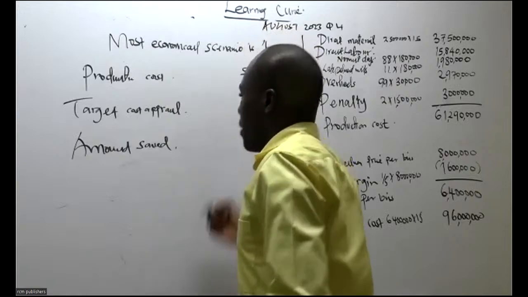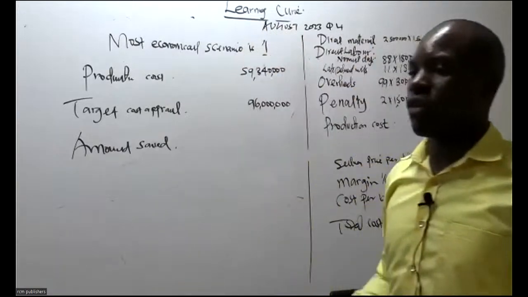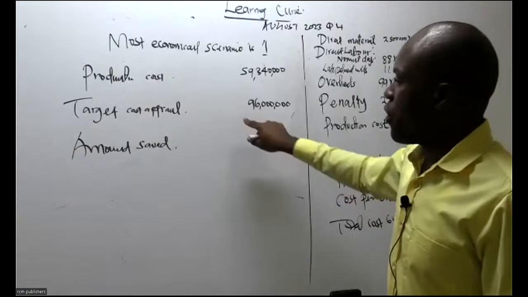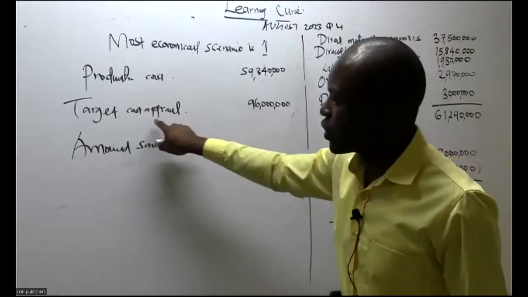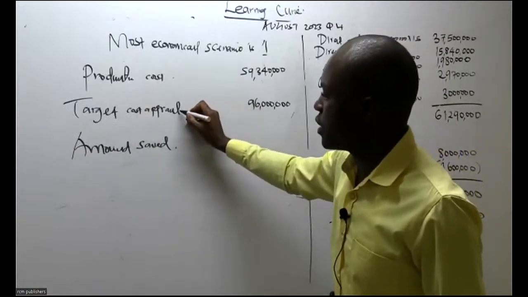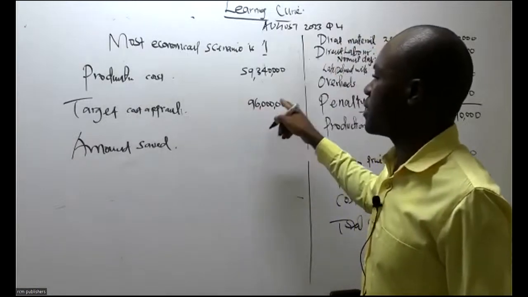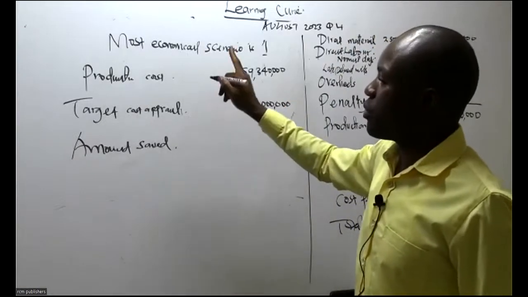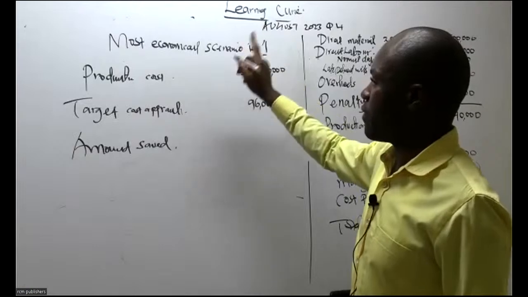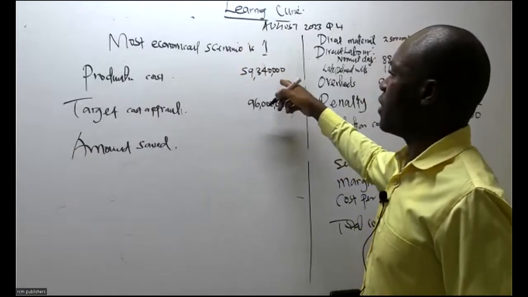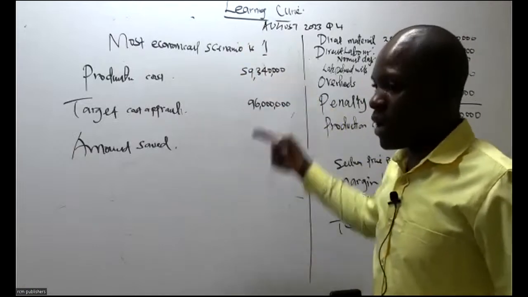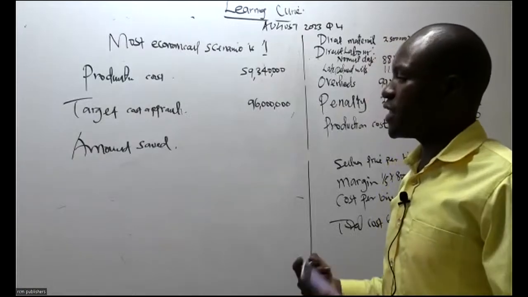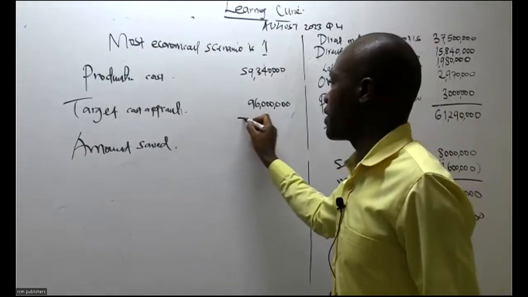Now, as a company, you are trying to minimize cost of production. The target cost approach is telling you that you are supposed to spend 96 million. But under the scenarios, you are only spending 59,340,000. So there's a benefit. There's an amount you are going to save. The amount saved is now the difference.